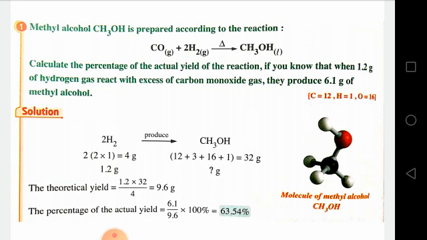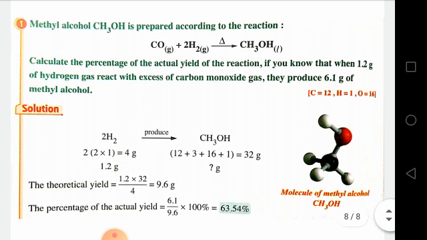Firstly, the reactant which comes after the words "excess of" will not enter into our calculation. This is in excess. From the equation, it is clear that 2 moles of hydrogen gas will produce 1 mole of methyl alcohol.